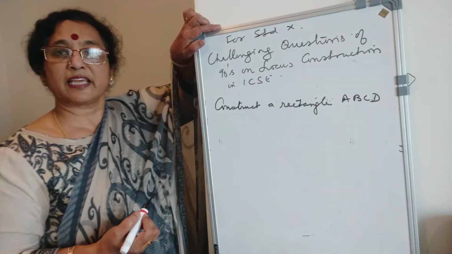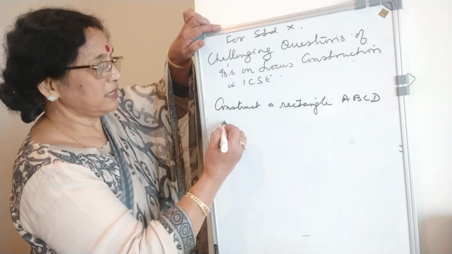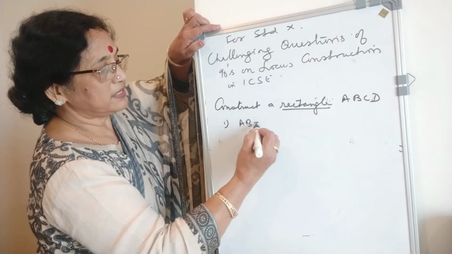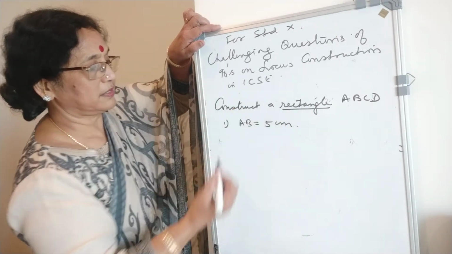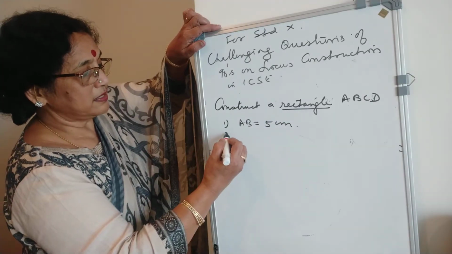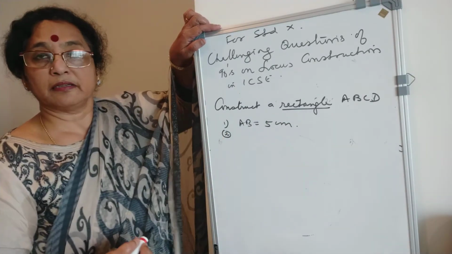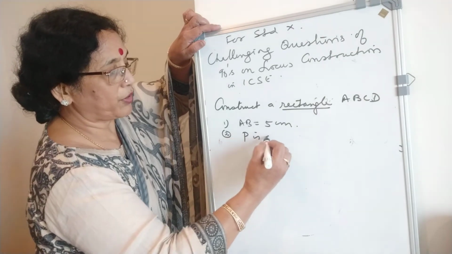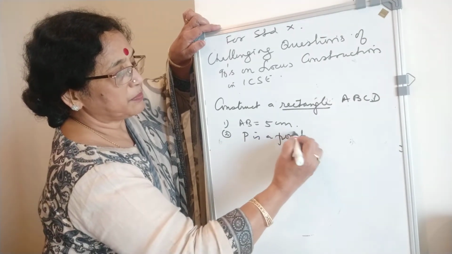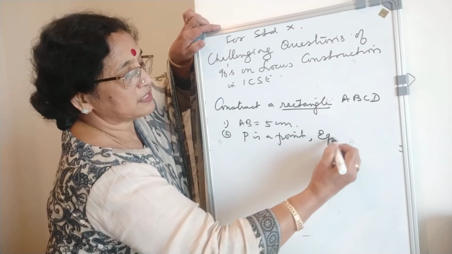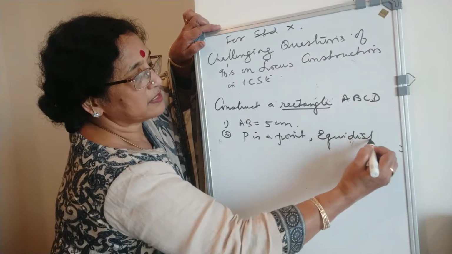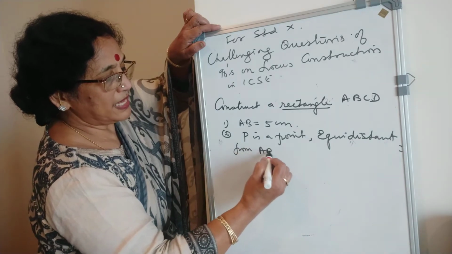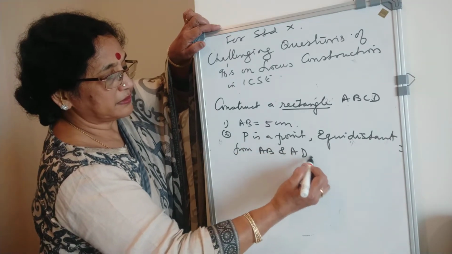Now what were the things given? One, it's rectangle ABCD. AB is say 5 centimeters. And there's a point P. P is a point equidistant from AB and AD.